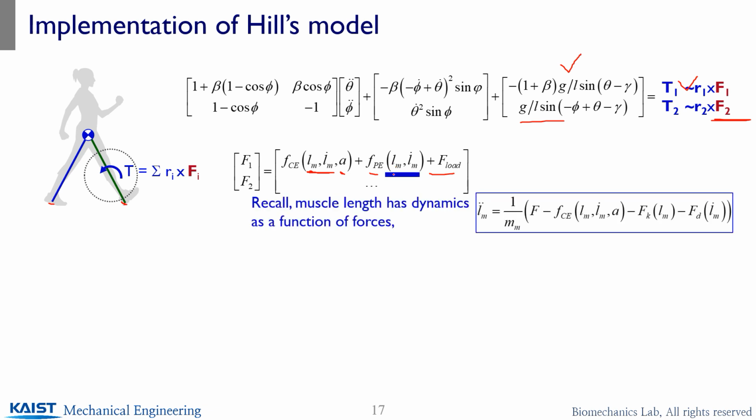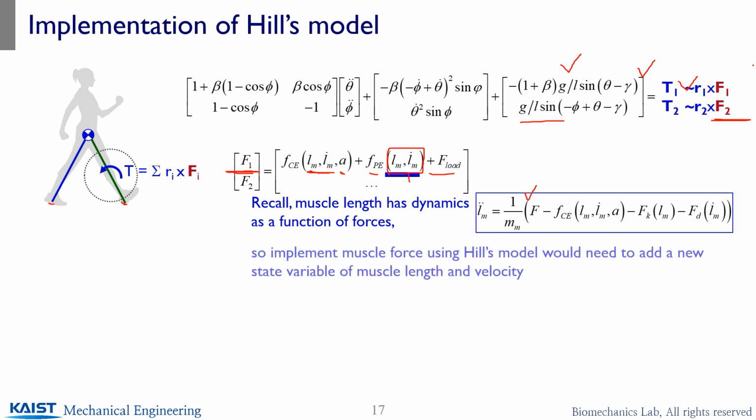And those L and L dot now have their own dynamics, right? So we should also solve the muscle length dynamics, find L and L dot, and implement them to find the F's and use those forces to generate the stance leg and swing leg behavior. That's the big picture. That's the outline, right?